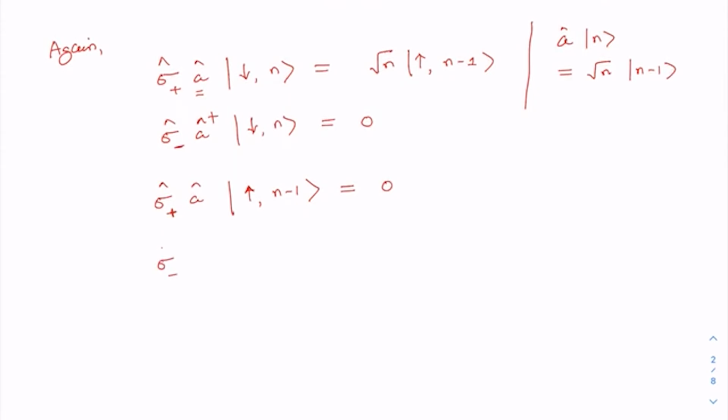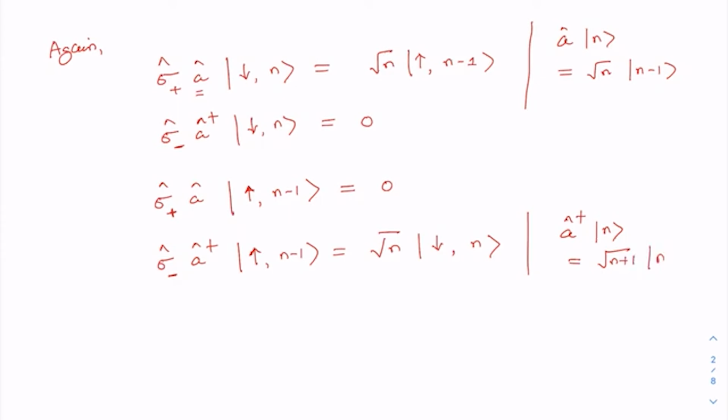On the other hand, when σ- a† operates on this state, the atomic lowering operator lowers the atomic state to the ground state, and a† applied on n-1 makes it n, and the factor would be, recall that a† acting on n gives square root of n+1, here it would be square root of n.